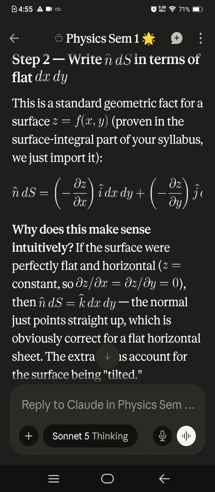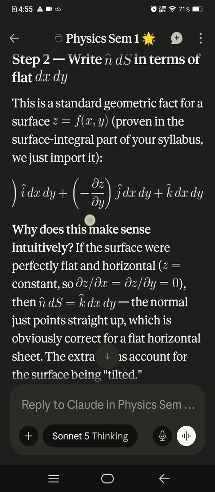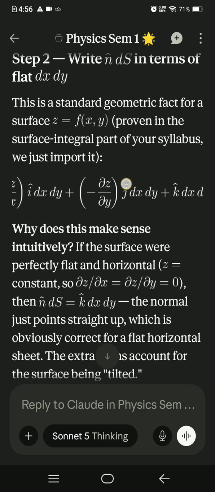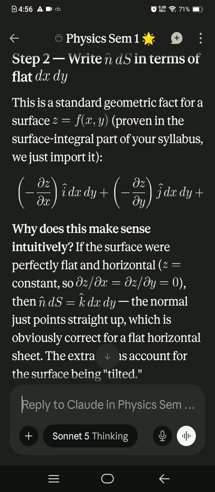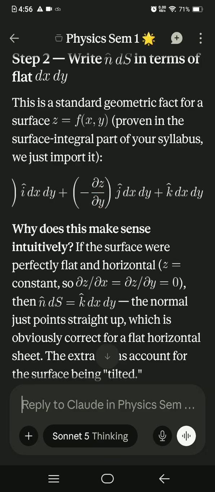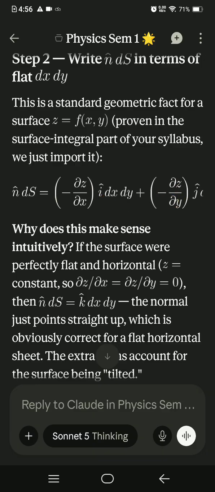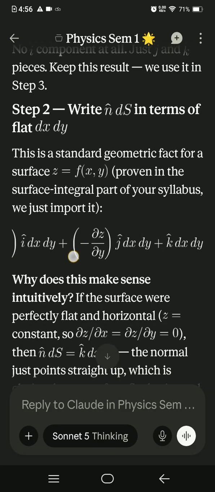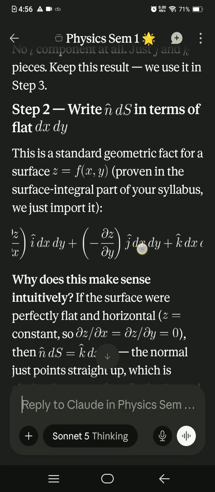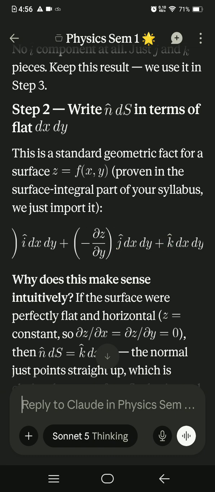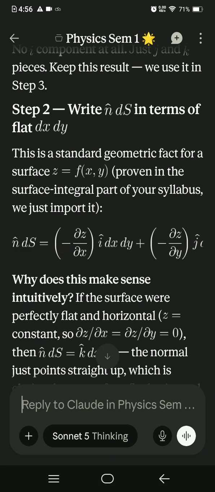So n dS becomes this thing, with i, j, and k components, dx dy. It has none, it has 1, and minus the partial derivative of z with respect to x and z with respect to y.